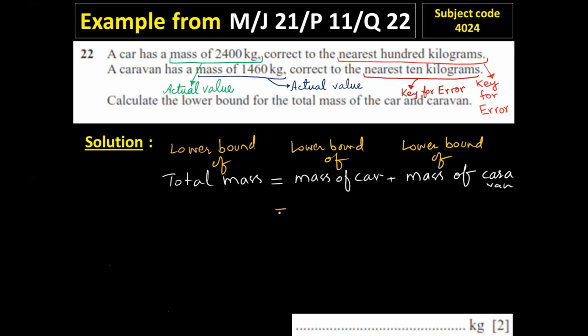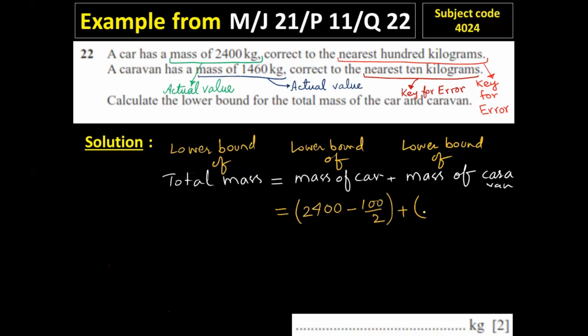So lower bound of mass of car will be actual value, which is 2400, minus the error, half of 100, or you can say 100 over 2.